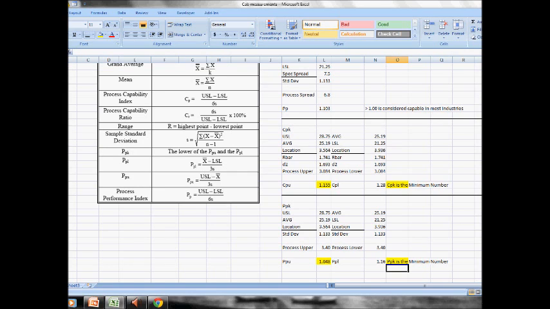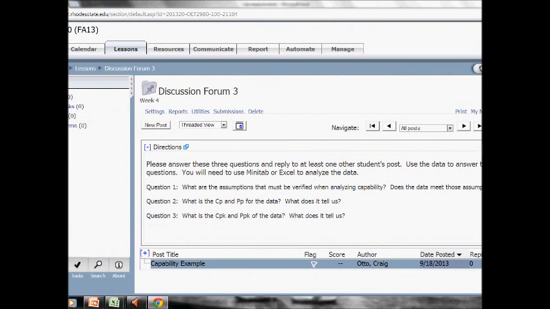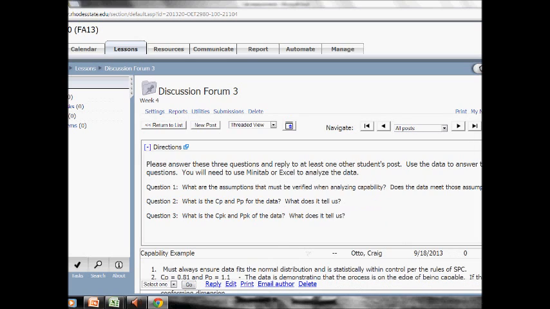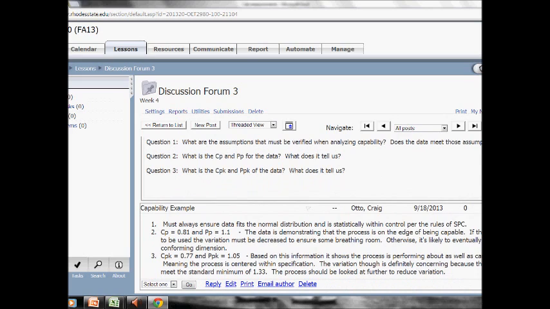Okay? So if I look at the homework or the discussion forum, what are the assumptions that must be verified when analyzing capability? Does the data meet those assumptions? First of all, you must always ensure that the data fits the normal curve and is statistically within control. And it is. I double checked that before we did this. Number 2, your CP and PP.